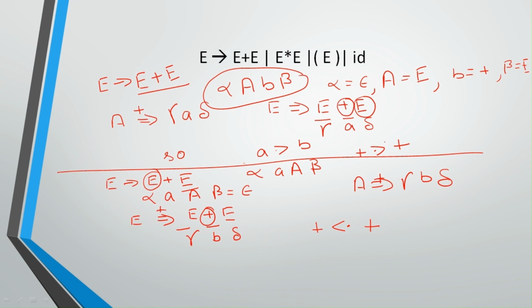So ultimately, for the terminal plus we have both greater than and less than precedence levels.